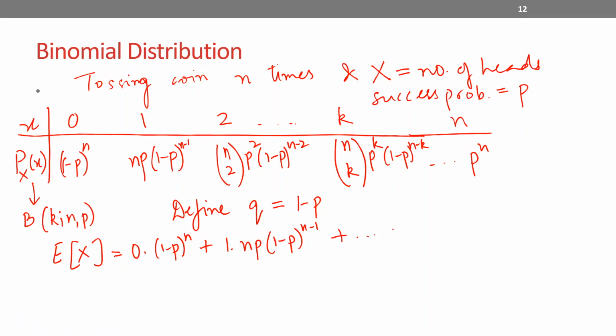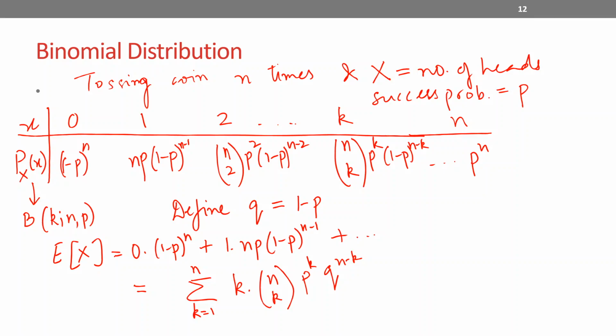And so on, I can get the kth term as well, up to the nth term. So in general, I can write this as the summation over k from 1 up to n of k times n choose k, p^k, q^(n minus k), right? So this is the general expression for the expected value of a binomial random variable.